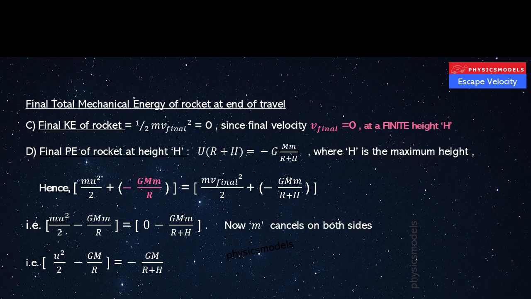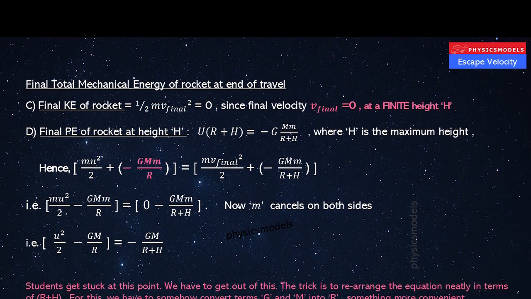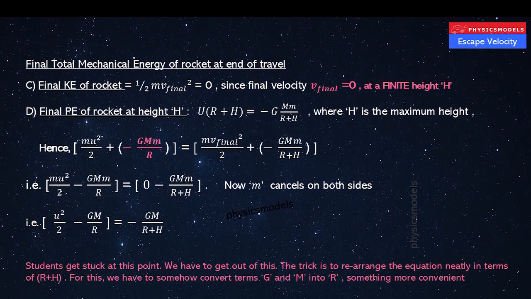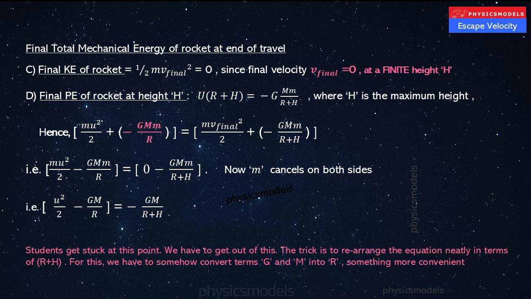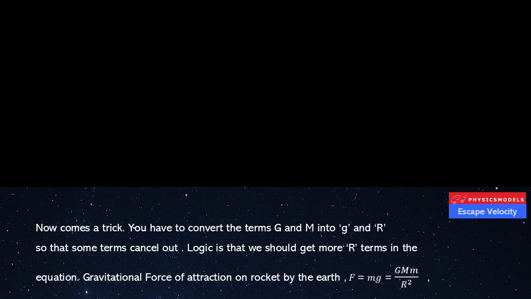Our objective here is to find an equation for r plus h. And this is a sticky point because we can't do cross multiplication and arrive at a simplified equation. So we have to do a tricky thing. We know that force on any mass is equal to mg, where small g is acceleration due to gravity.